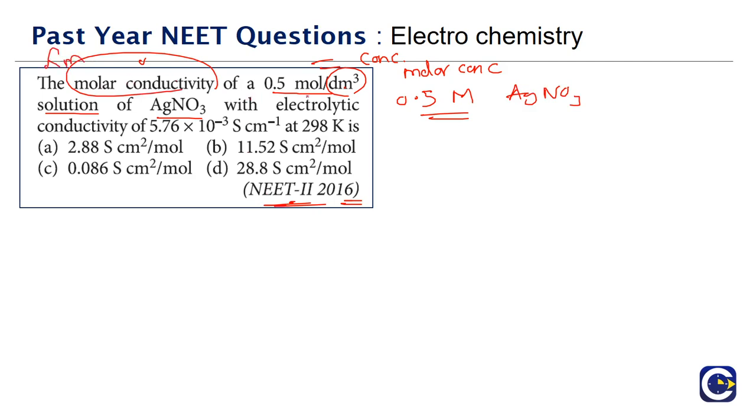The molar conductivity of 0.5 molar AgNO3 solution with electrolytic conductivity of 5.76 into 10 power minus 3 Siemens per centimeter. So this is our specific conductivity kappa. So the kappa value is given as 5.76 into 10 power minus 3 Siemens per centimeter. If you look at the options for the molar conductivity, they are also having the unit of length in centimeter.